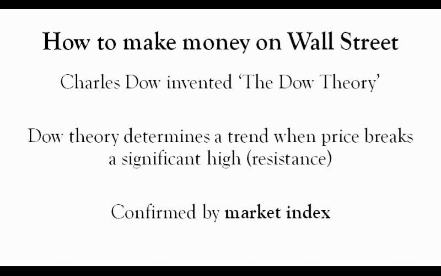When we're talking about the Dow theory, it's all about how the price trend is detected and determined when price breaks a significant high, a resistance. So this is when price goes above resistance, and this is classic basic support and resistance and price action.